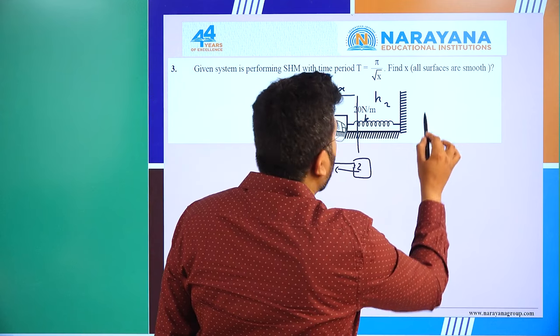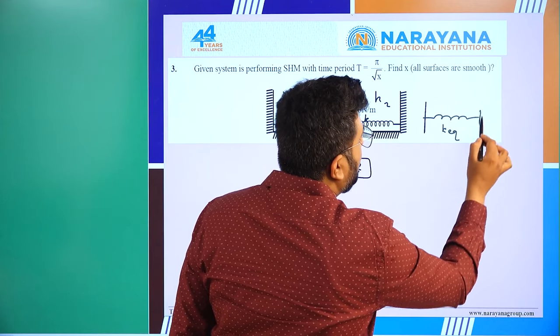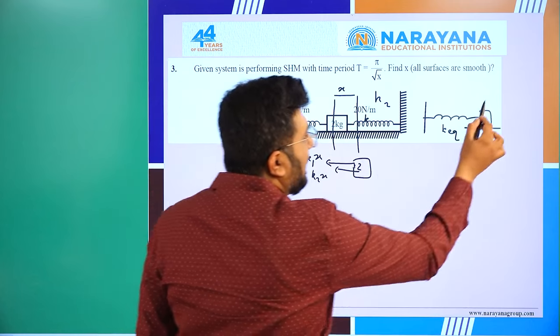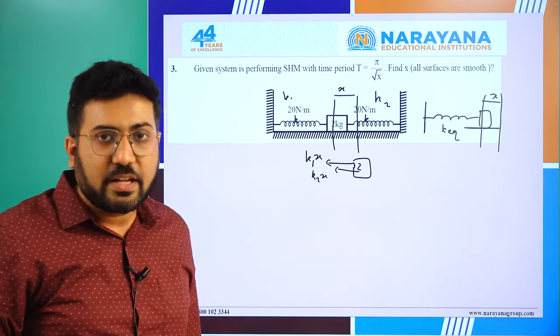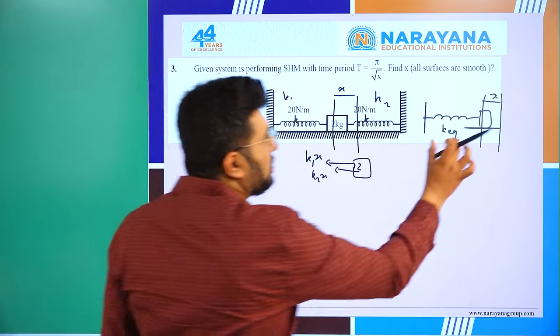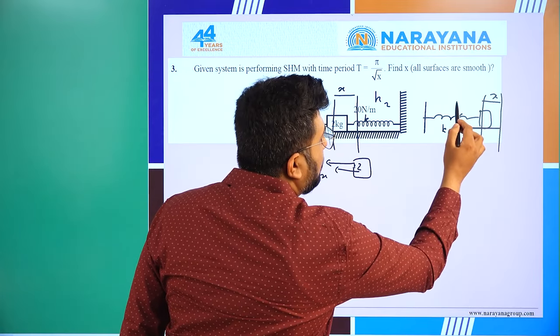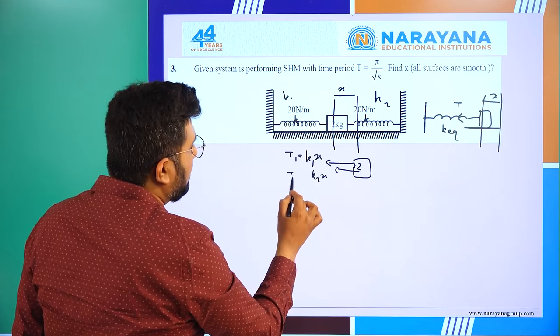Also, if I draw the equivalent spring, this is the equivalent spring. So if the equivalent spring also stretches by the same distance x, so the net tension here, let's call it T, let's call this T1, let's call this T2.